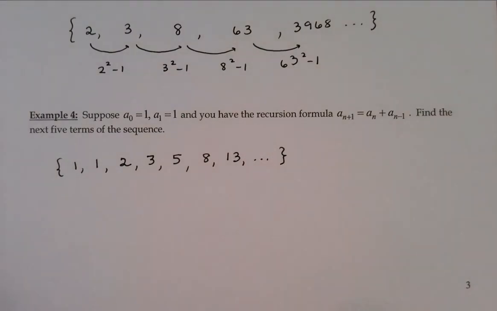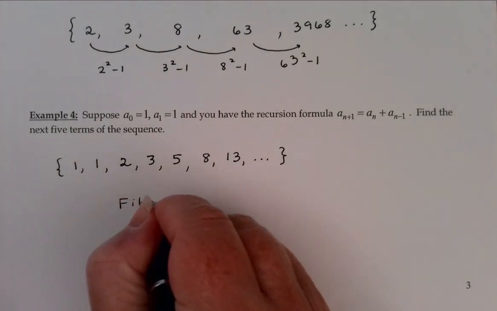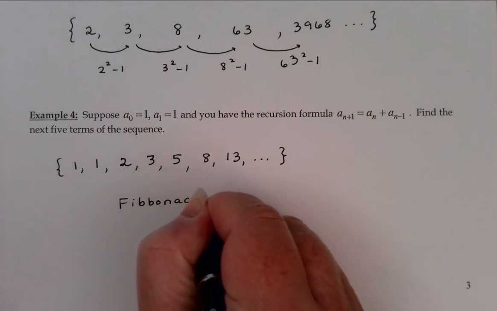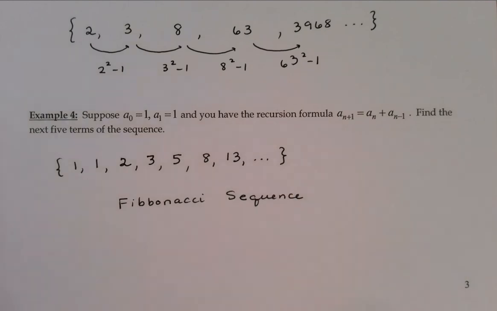So a recurrence relation doesn't necessarily have to depend only on the previous term. It could actually depend on multiple previous terms. This, by the way, is actually a really famous sequence. It's called the Fibonacci sequence. Fibonacci was a famous mathematician, and this was a sequence that he did quite a lot of work with.